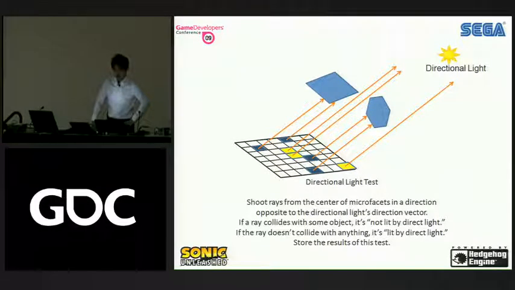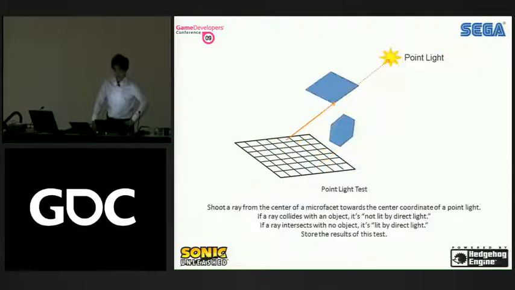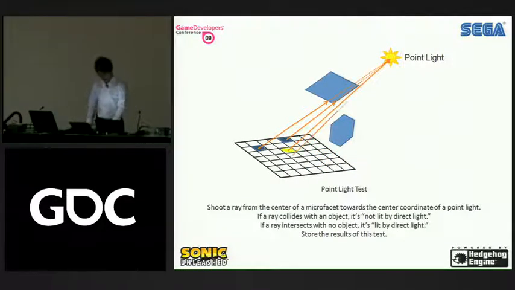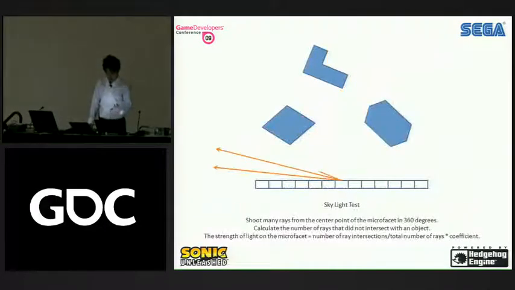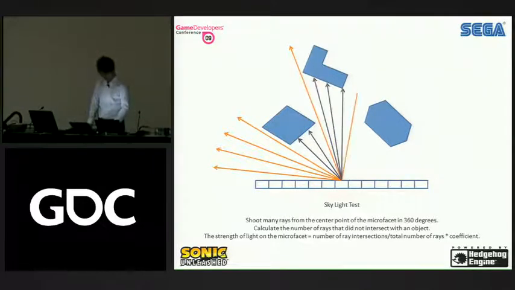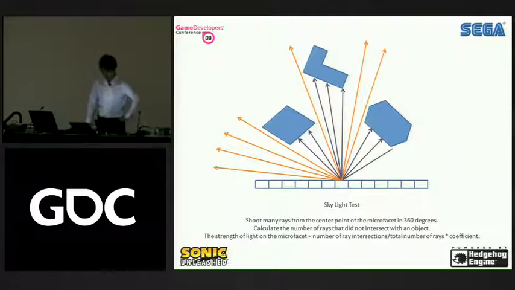The light hits the object, and then the part in shadow doesn't have the light. And if it's shining, that means the light hit that part. The same thing happens with a point light. The vector direction is different. It goes to the point light. You can determine which part is dark and which part is light.